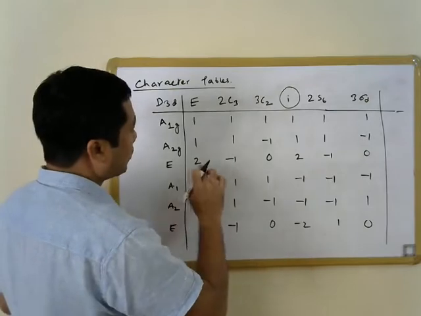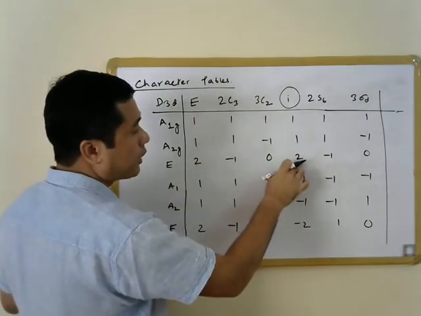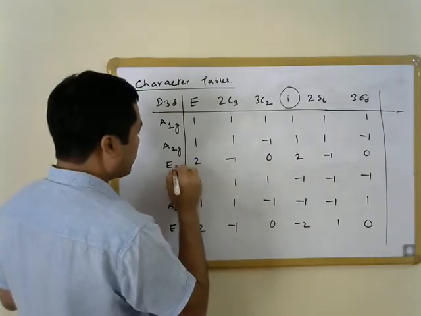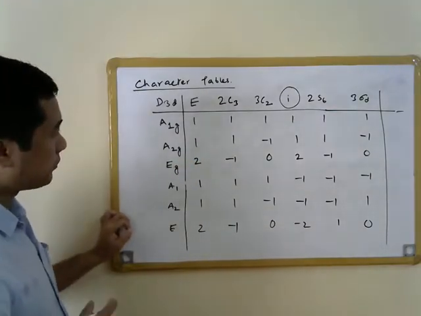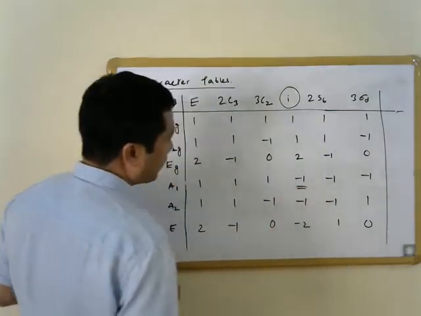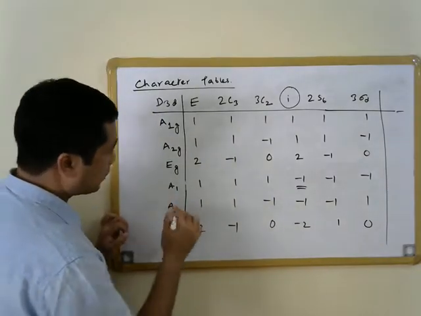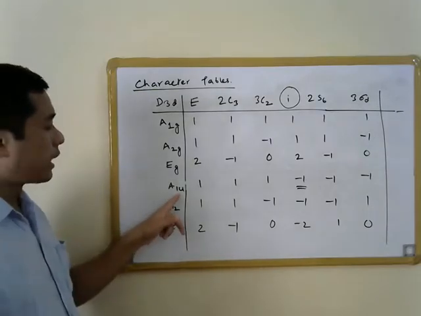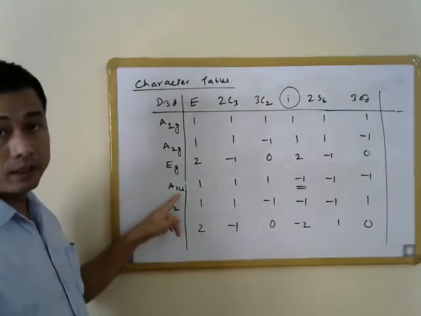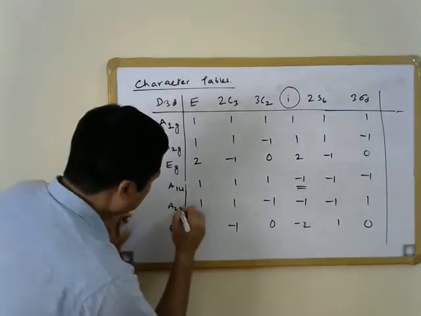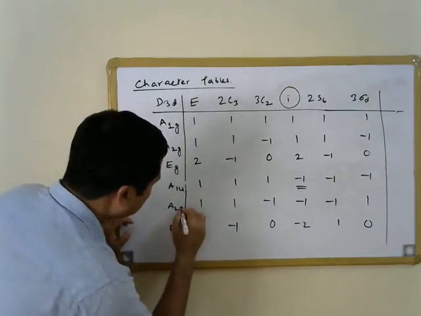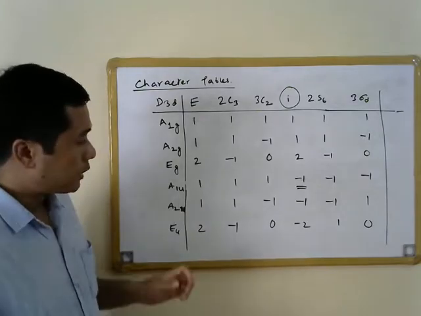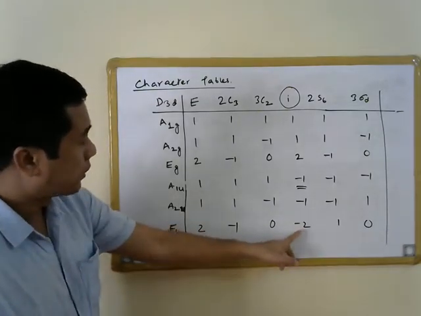This is also a two-dimensional representation, that is plus 2 here, so it is symmetric with respect to the inversion center, so we write Eg over here, and this particular representation is anti-symmetric with respect to the inversion center. So instead of g, now we write u, and this is now A1u representation.